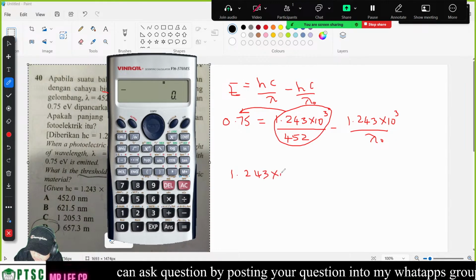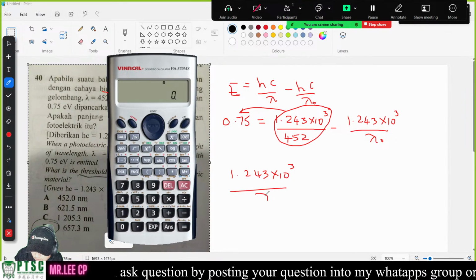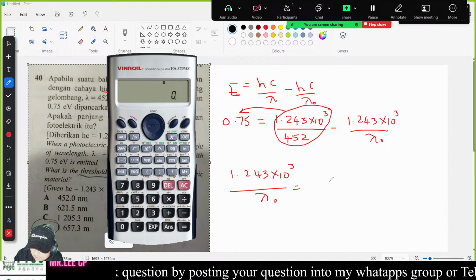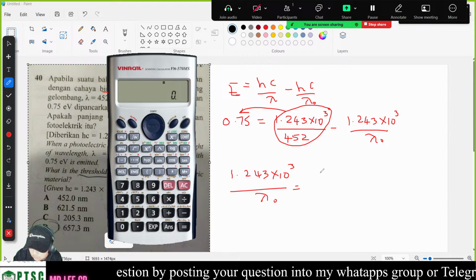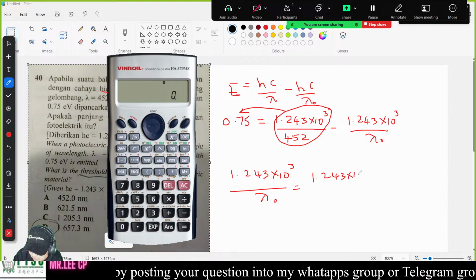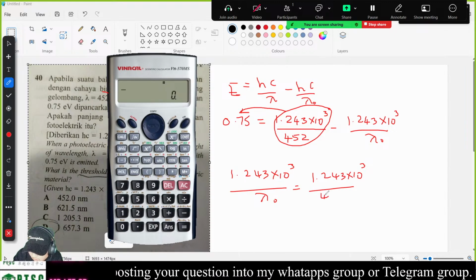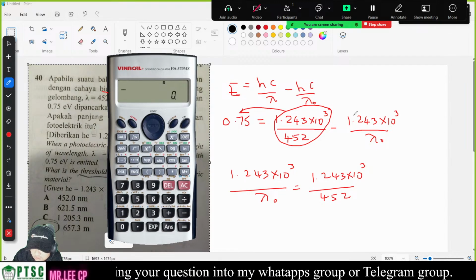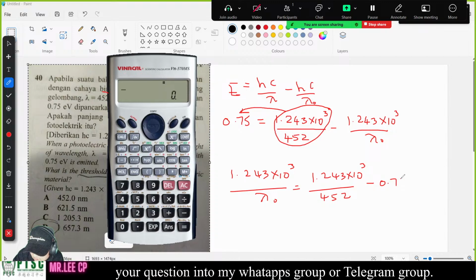1.243 times 10 to the power of 3 over lambda is equal to this one, 1.243 times 10 to the power of 3 over 452. This one comes to here and becomes minus 0.75.